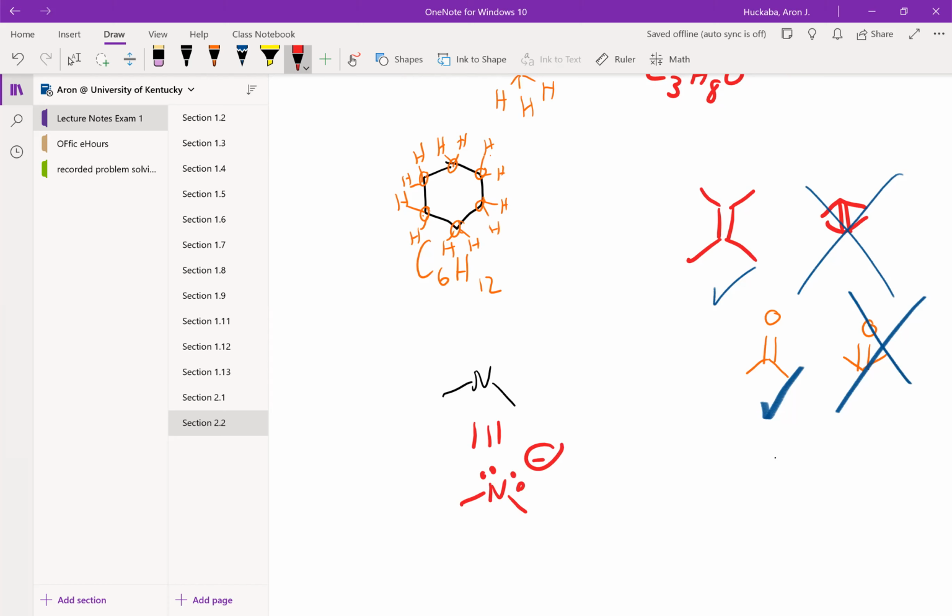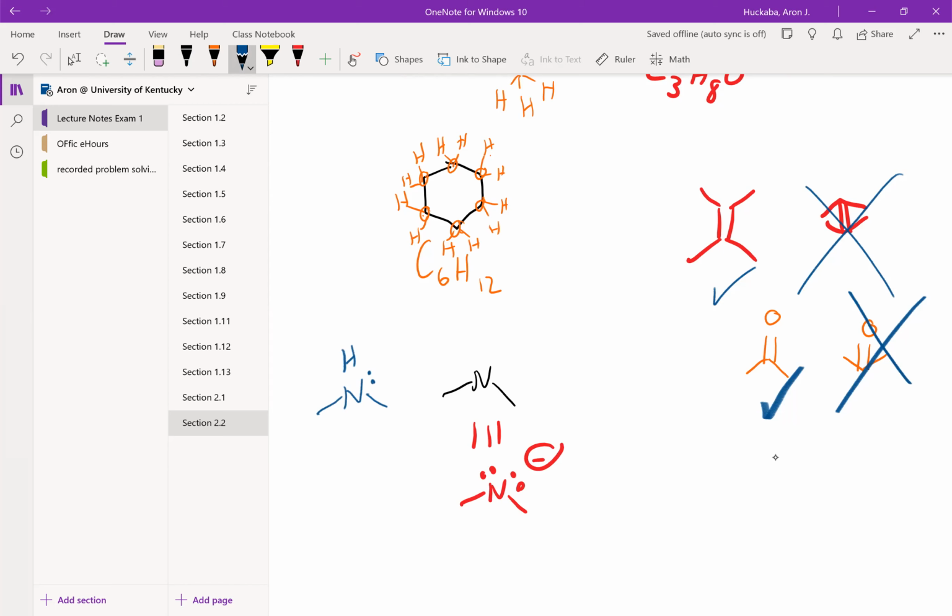You must always, always draw heteroatoms, which means nitrogens, anything other than carbons and hydrogens, with a hydrogen if they have one, so that you can get an accurate count of the charge and the lone pairs.